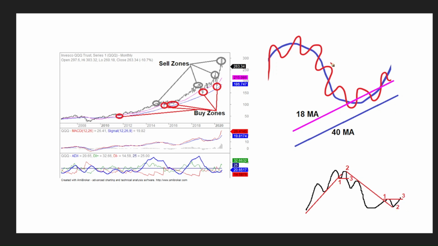All right. Now, when we want to do this are these areas I'm showing you over here. This is where we're coming into the zone between the 18 and the 40. You see these spots where we're looking at pullbacks to a rising 18 above a rising 40 with good momentum condition behind it. If we have that, then we can look to play these pullbacks with good momentum, right?